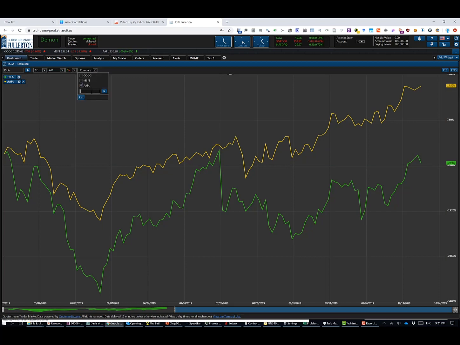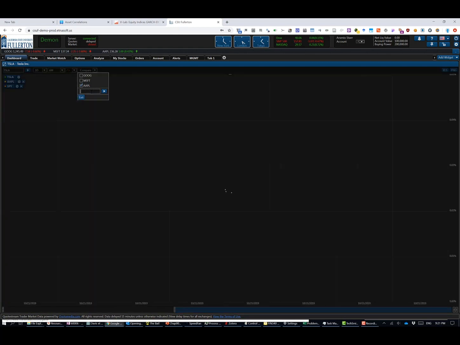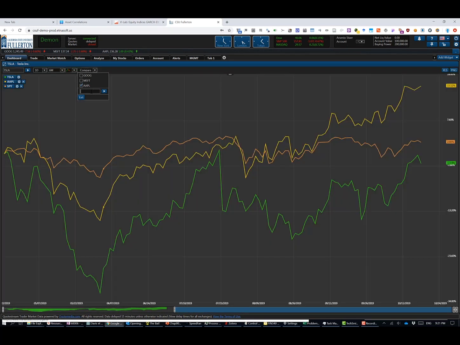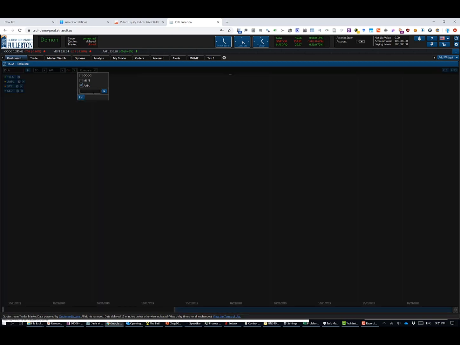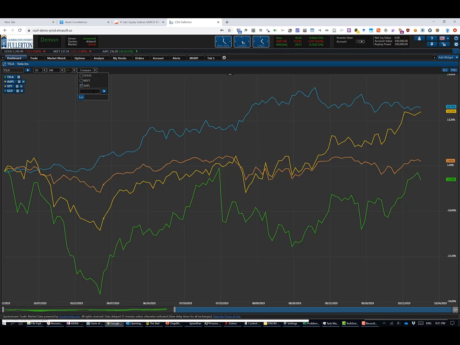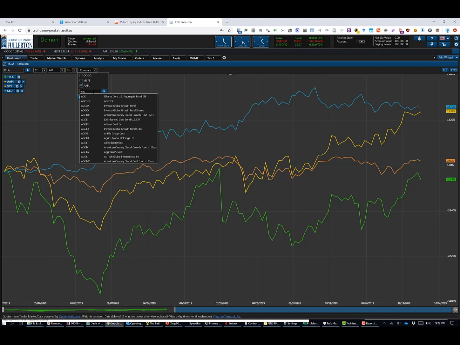So let's add, we have SPY, which is the S&P 500 ETF. Then we have GLD, which is the gold ETF. Then we have AGG, the iShares Core US Aggregate Bond ETF.